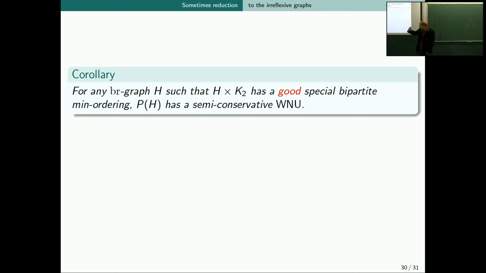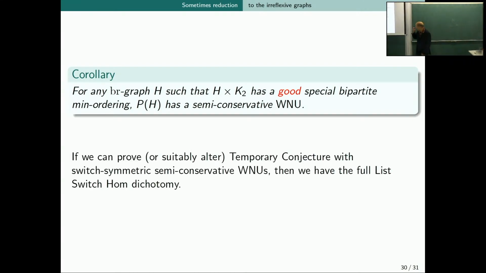And since we defined it to be switch symmetric, we can use that result to give the same result not only for irreflexive graphs, we can give it for any graph whose product is that irreflexive graph. So if we can finish our result for irreflexive graphs in the right way with this right symmetry, then we will get the whole characterization for all graphs.